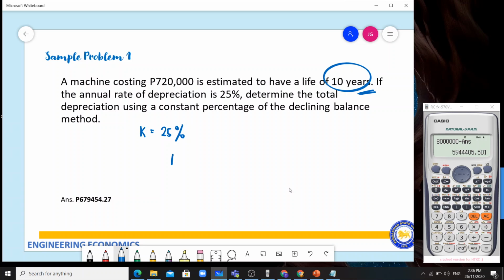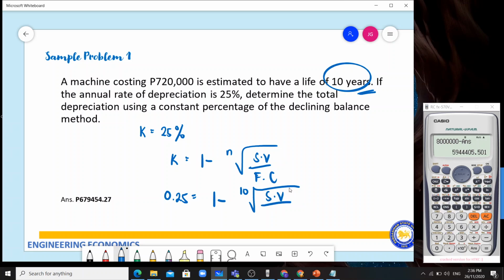So we have the formula K is equal to 1 minus the nth root of salvage value over first cost. We are given 0.25 or 25%, 1 minus how many years? 10. So the 10th root of salvage value over 720,000.